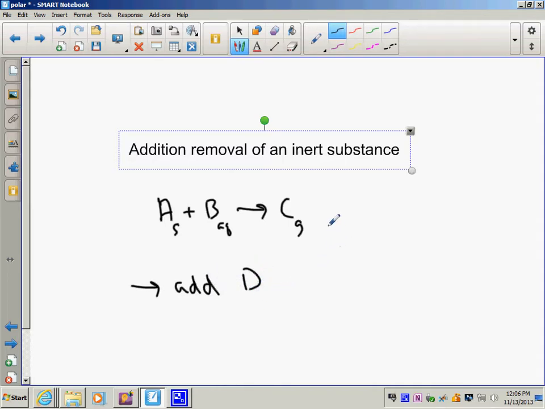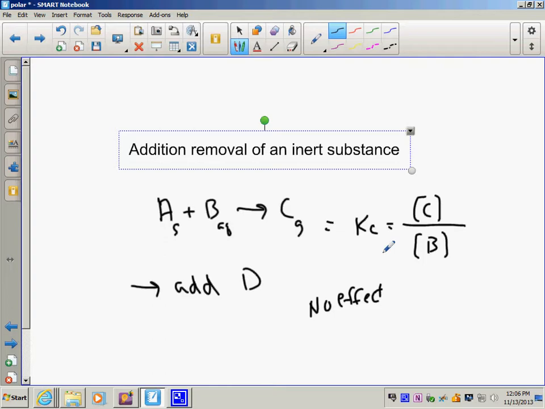Again, my Kc equals the concentration of C over the concentration of B, and A is not in there, but neither is D. So in this case, D is going to have no effect on the concentrations of C or B, and therefore will not have any effect on the chemical reaction.